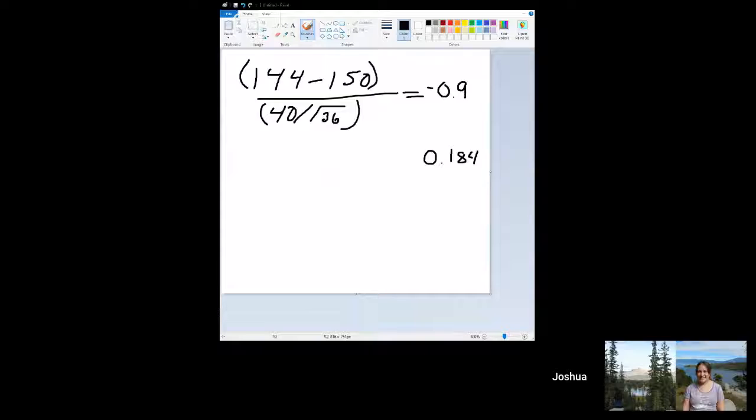And then putting that into words would be that we have insufficient evidence that the true population mean is less than 150. Right. So it's C, right? Yes. So, yeah.